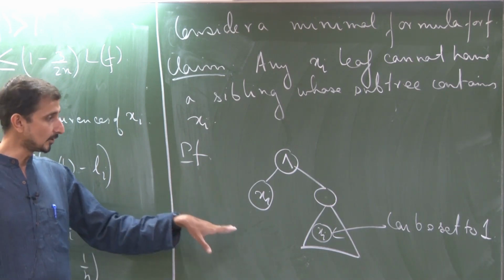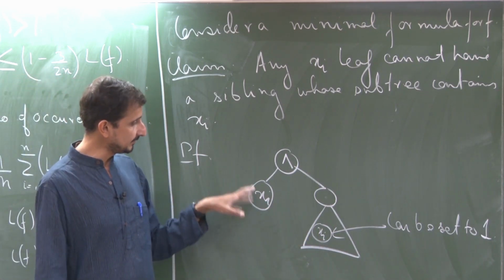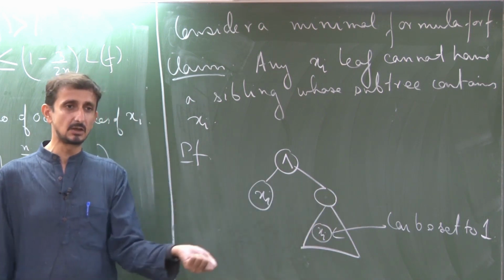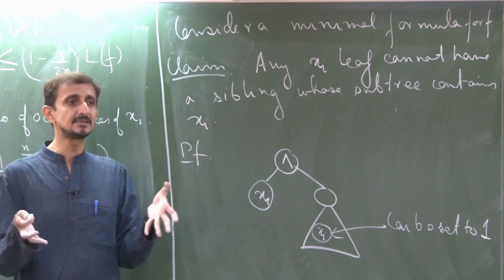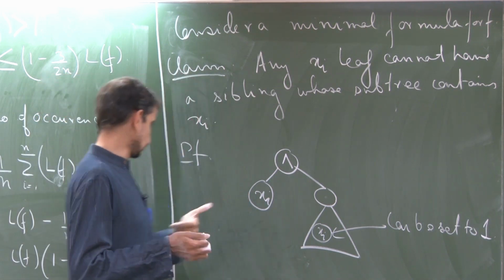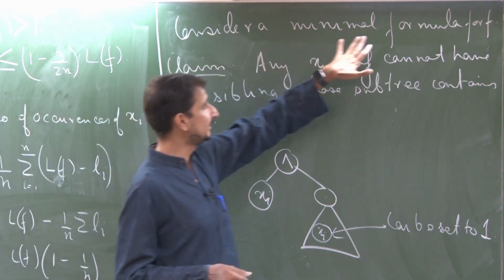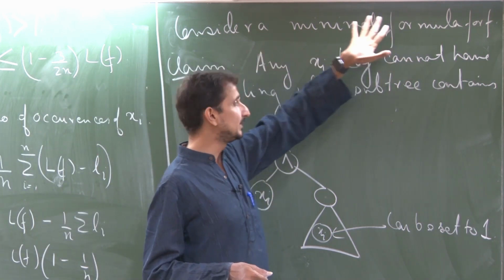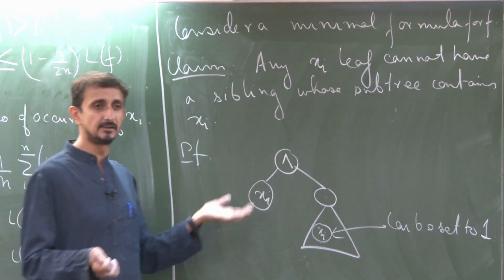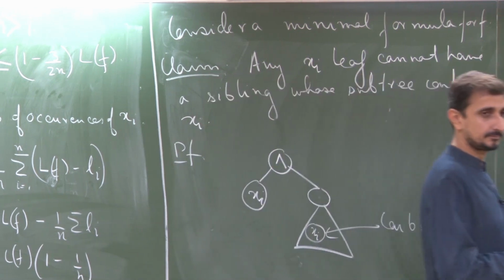Because if I have a structure like this, I can replace this xi with a 1, which means I am shortening the size of the formula by at least one gate. So, the assumption that I considered a minimal formula for f means that in that minimal formula such a structure cannot be present, and if I have an OR gate, the same argument holds.